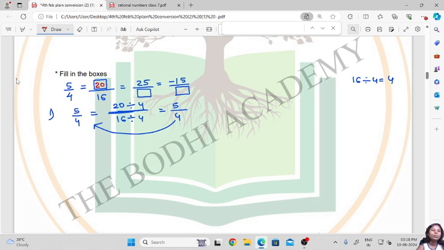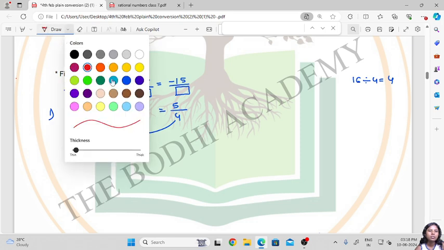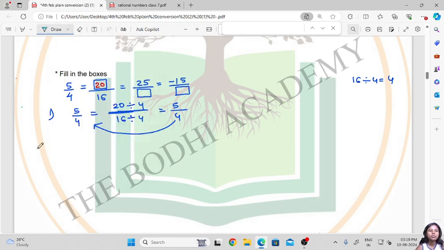Okay, now let's fill the second box. So we have 5 by 4 equals 25 upon something we don't know. Again, if we divide 25 by 5, we'll get 5 here. So this number will be divided by 5 here. Now if we divide 4 by which number, we'll get 4?